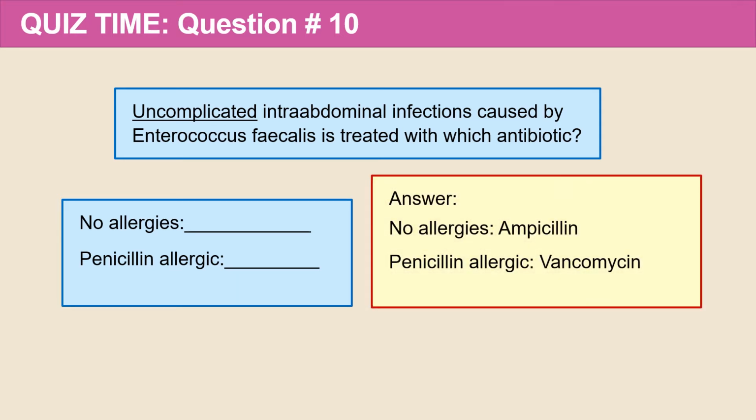The answer is if the patient has no allergies, ampicillin. If they're penicillin allergic, it's vancomycin. Remember that Enterococcus faecalis is in that special group, which is a VIP group that has limited number of antibiotics that can be used to treat it.